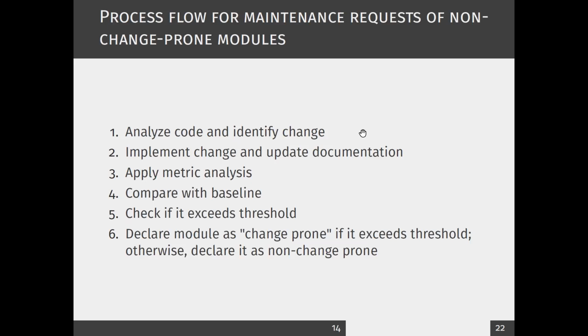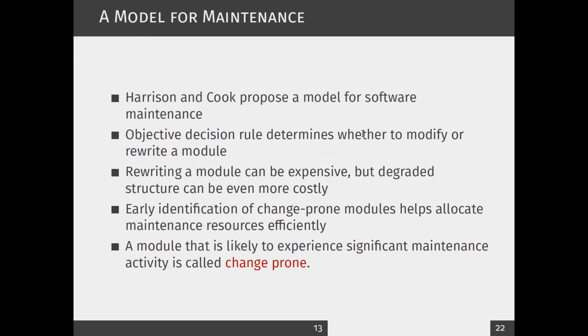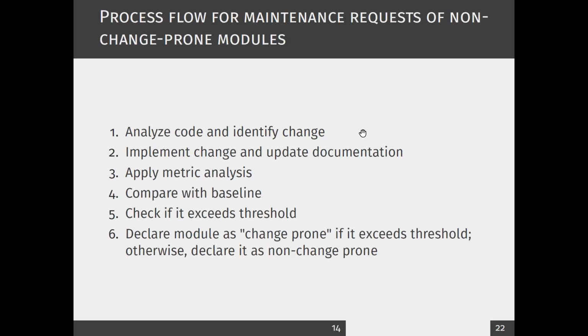Right. Now, according to what Harrison and Cook proposed in their model, how should you handle change requests for modules? The request means the users will request for any changes. If it does not take a lot of time and effort to change, what you should do is analyze and identify the required change.